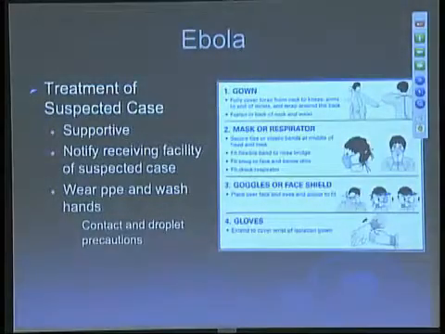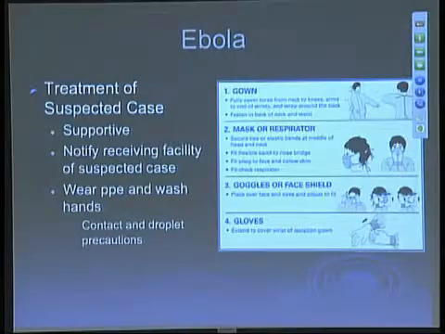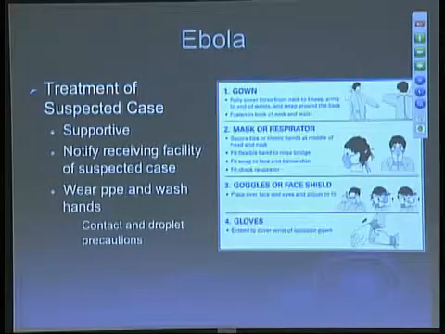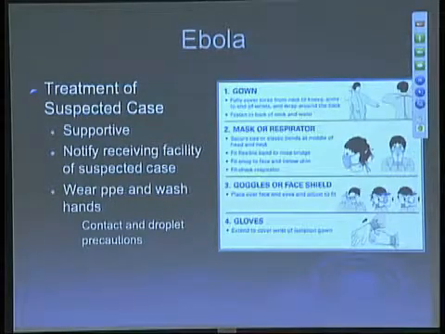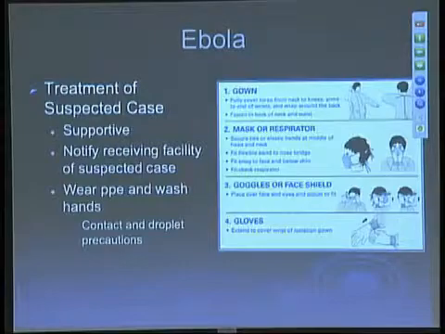Now, if you have a person under investigation with those symptoms and you're concerned, give supportive care to that person, notify the receiving facility of the suspected case, and wear full protective outfit. They've worked out a process at the airport for Portland Fire, which goes to the airport for that potential.